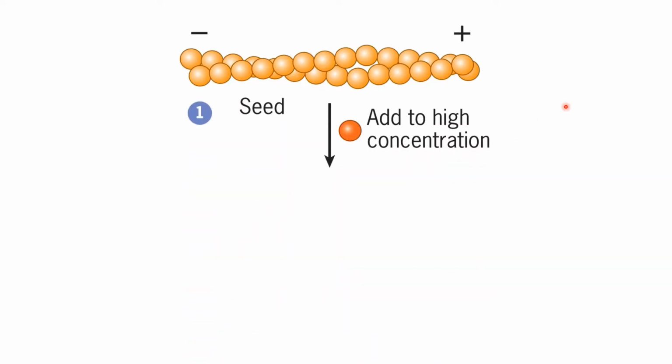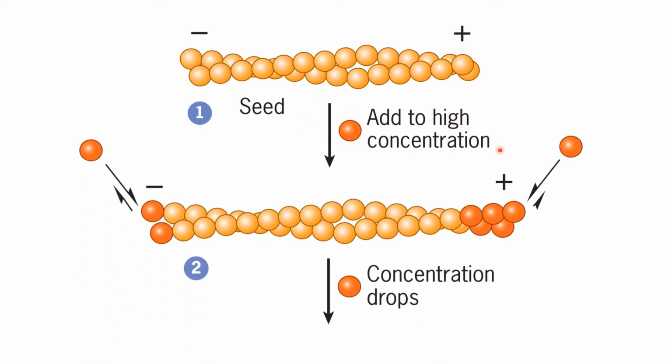Here's a more detailed look at how that happens. We have a minus end and a plus end of an actin filament. If we put this in a Petri plate with a high concentration of actin monomers, the polymerization of new actin at the positive and negative ends will be more or less equal in rate.